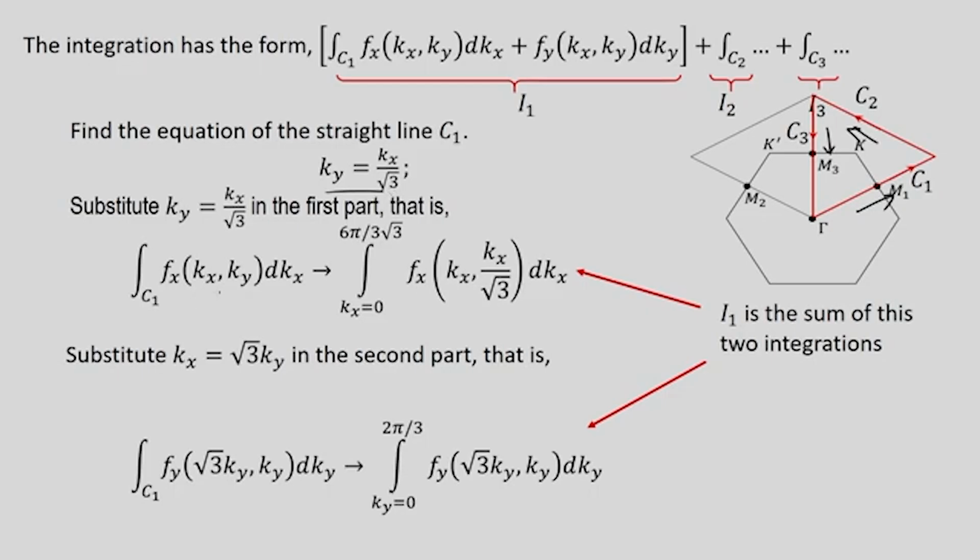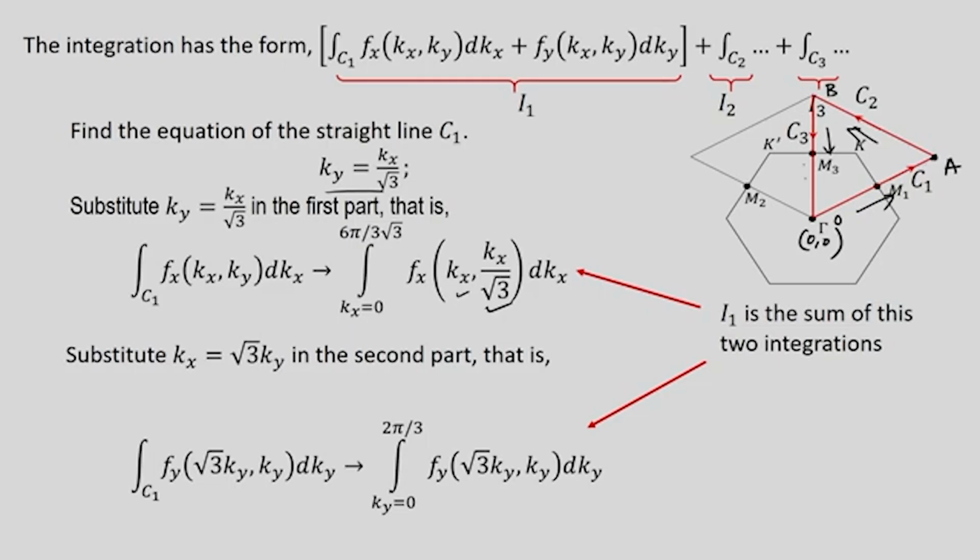So, in the I1 integrand, we have fx, which is a function of kx and ky, so this is actually kx and kx by root 3, and the integral has to be done. This has been found out carefully: the gamma point is 0 0, and the x coordinate of this point here, let us call it O A B and so on.